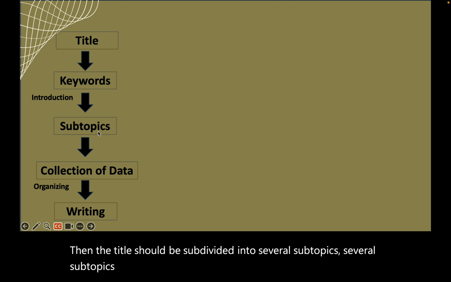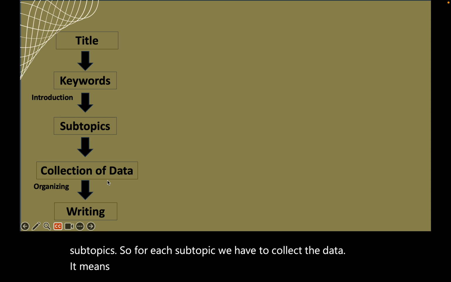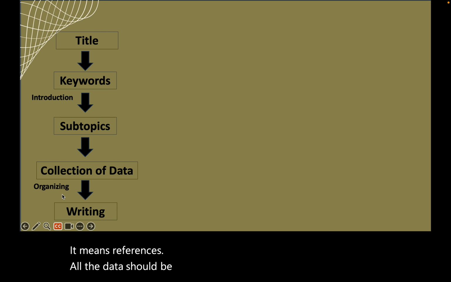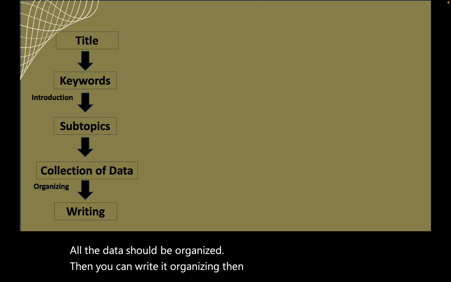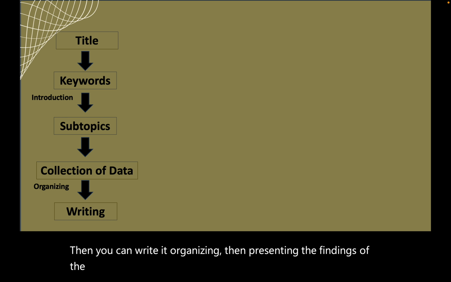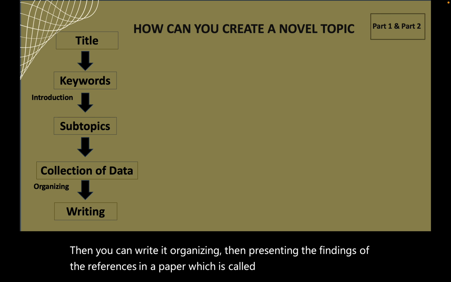For each subtopic, we have to collect the data, meaning references. All the data should be organized, then you can write it, organizing and then presenting the findings of the references in a paper which is called a review article.